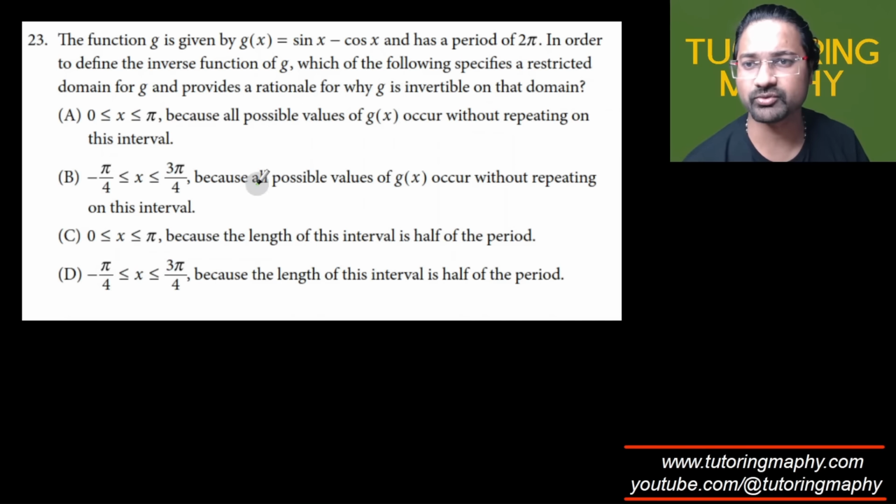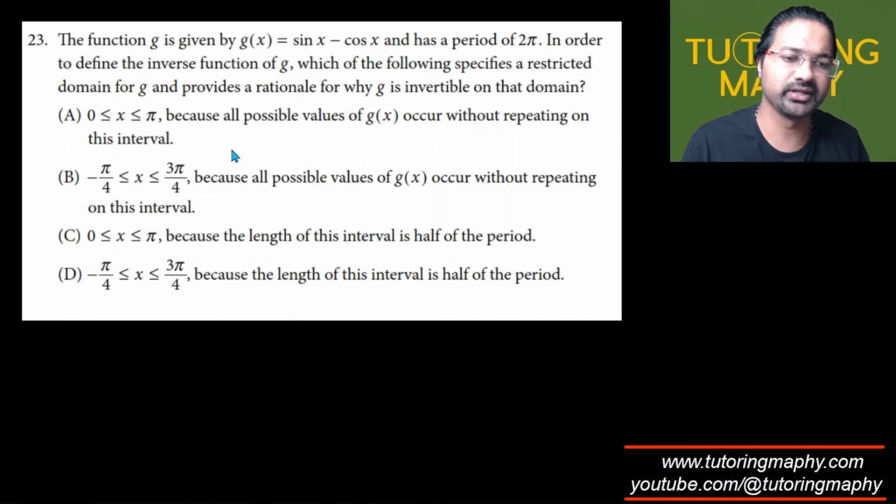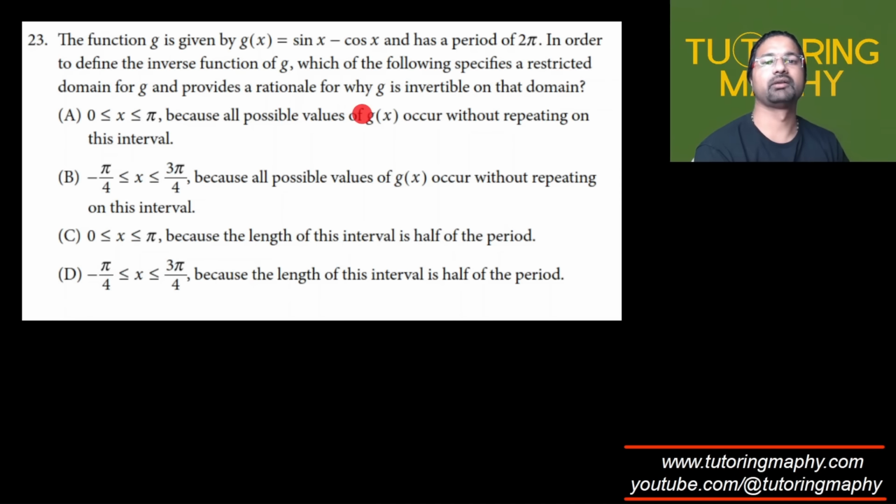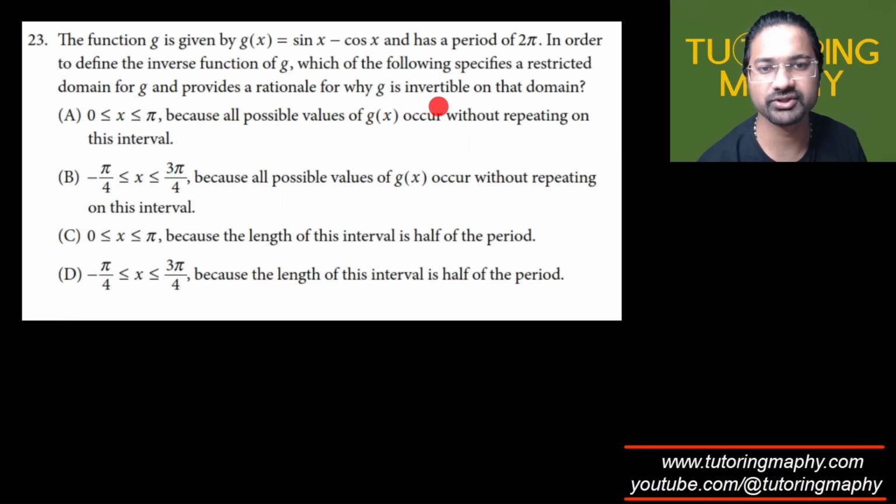Let's talk about the next one. We have over here the function g(x) given by sin x minus cos x, and it has a period of 2 pi. In order to define the inverse function of g, which of the following specifies a restricted domain of g and provides a rationale for why g is invertible on that domain?